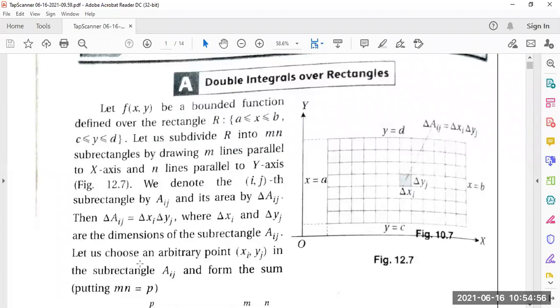Now, in the sub-rectangle Aij, let us choose an arbitrary point xi, yj, and from here we put mn equal to p.